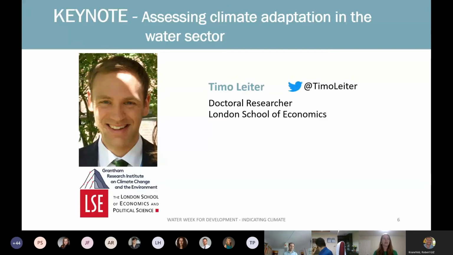Until last year, he served as the climate change focal point at GIZ Tanzania, and he's a former advisor on climate adaptation at GIZ's head office, including giving support to BMZ's climate policy unit. He is the lead author of UNEP's Adaptation Gap Report, and he is also the lead author of a background paper on adaptation metrics for the Global Commission on Adaptation. So without further ado, Timo, the floor is yours.